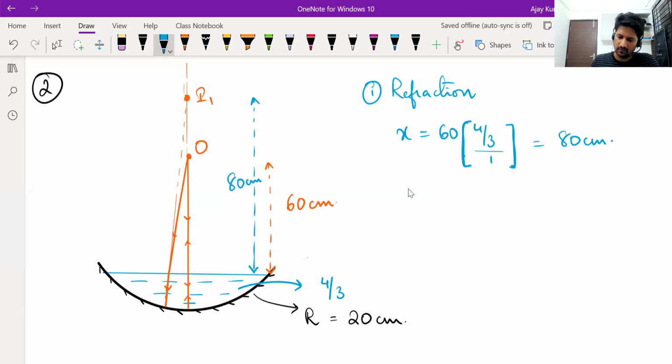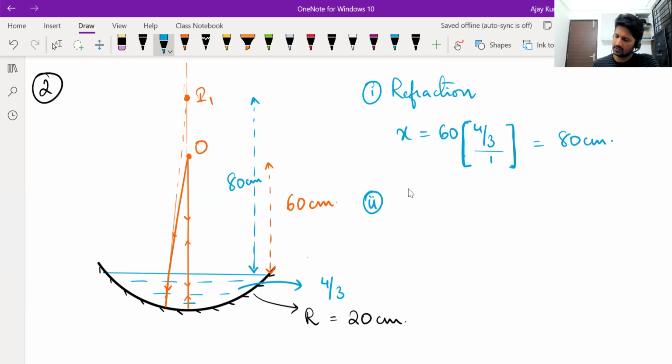We next have to find out where the mirror will form the image. So what happens after reflection from the mirror is what we need to know. For the mirror, object is at 80 centimeters in front of it. I asked you to ignore the thickness of water, no? So you'll assume from the mirror also object is almost at 80 centimeters.